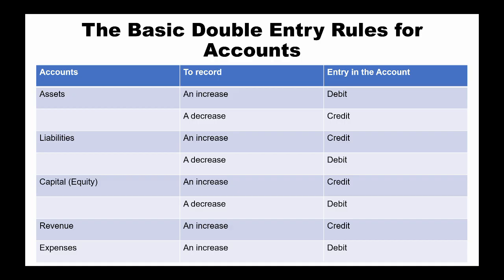For capital or equity, an increase, we credit; a decrease, we debit. For revenue, an increase, we credit, and an increase in expense, we debit. So those are the basic double entry rules.